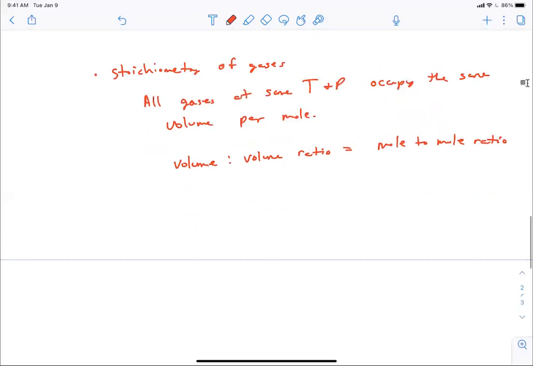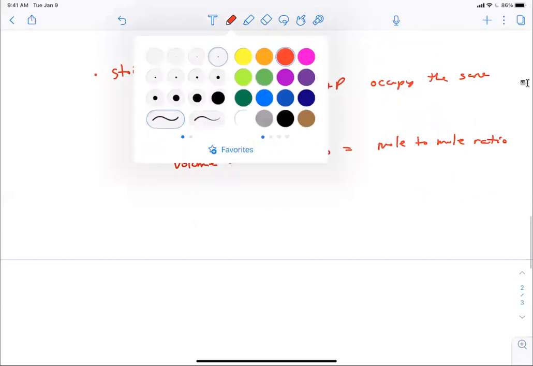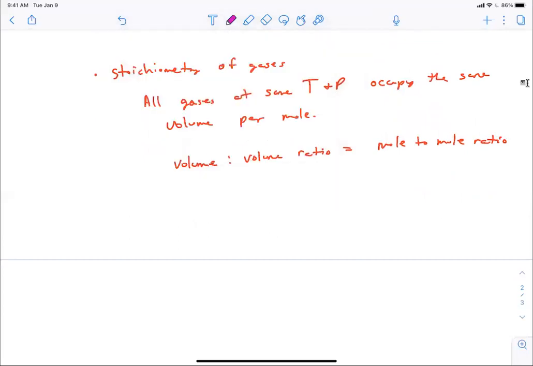Let's say you had something like CH4 plus 2O2 yields 2H2O plus CO2.